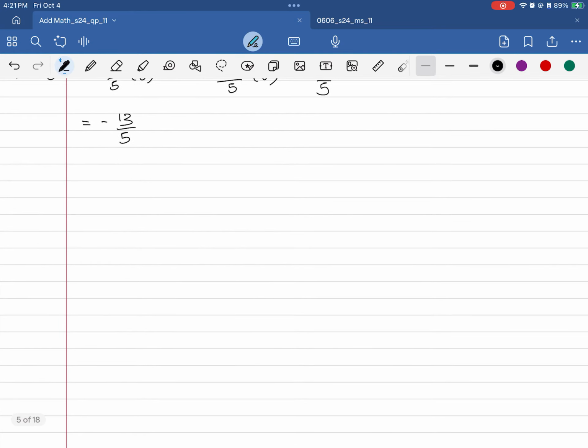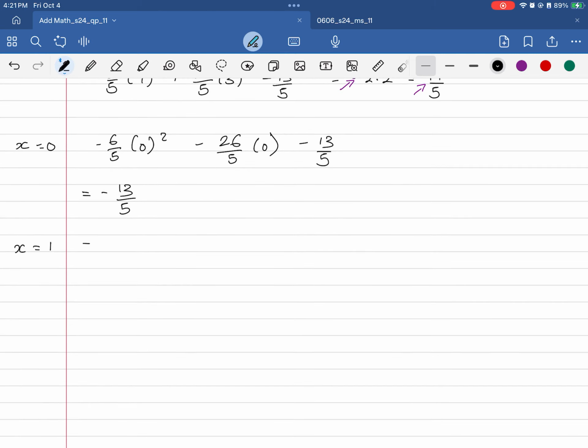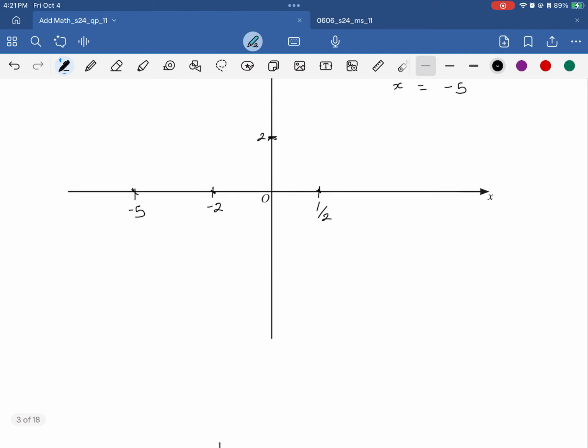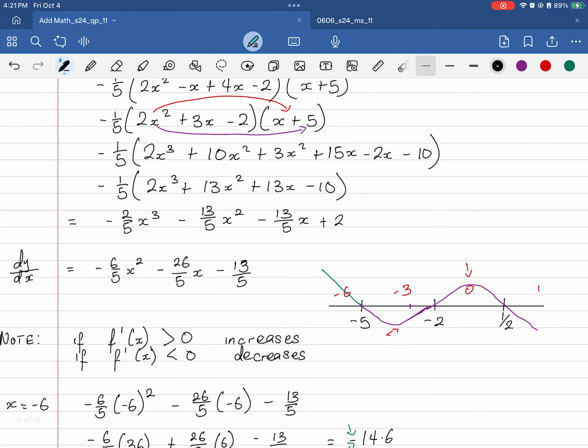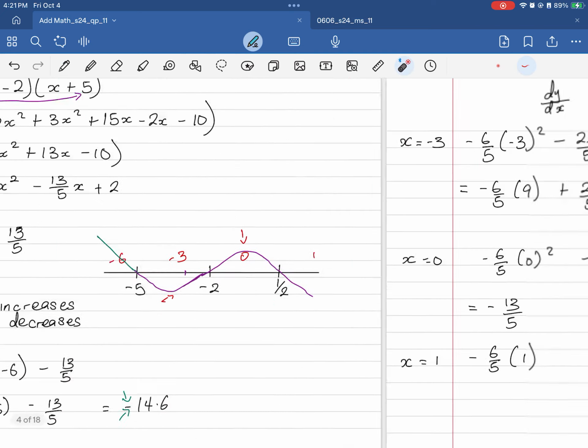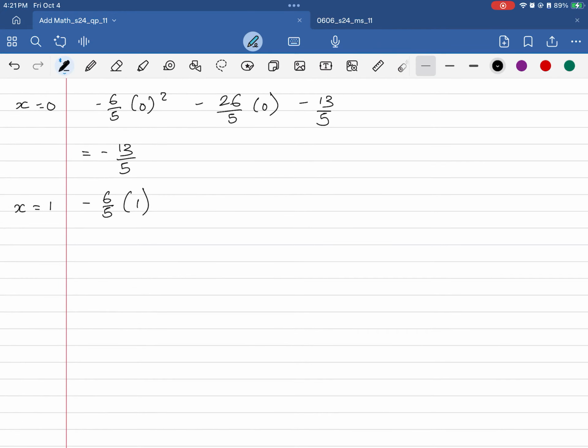We're going to use x equals 1 to test, because we put that it keeps on decreasing at x equals 1, so we can also check to see if we're correct. 26/5, 1 minus 13/5. This will give me minus 6/5, minus 26/5, and minus 13/5.